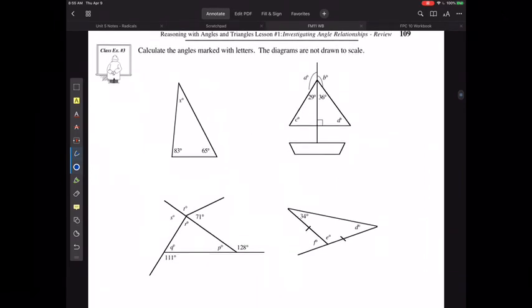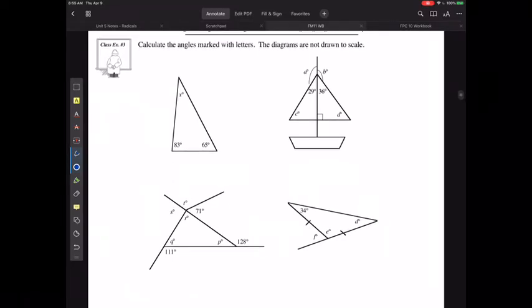So we are going to take these skills and we're going to solve, using all the things that we've learned, what the different angles are going to be here.